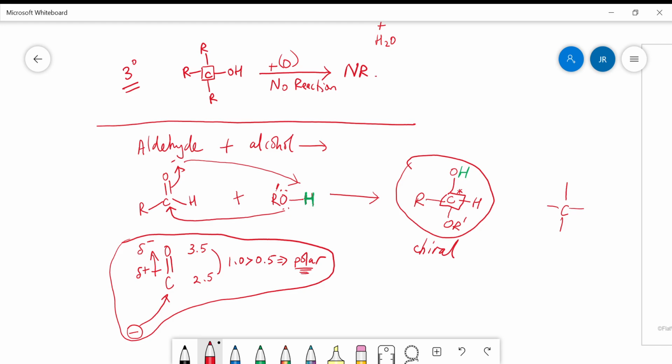I've got four different groups around a central atom, so my A and my B, my C and my D are all different. So I know that its mirror image won't be superimposable with it. It can form an enantiomeric pair with its mirror image. Okay, so that's one thing. But this specific molecule is a new type of functional group called a hemiacetal.